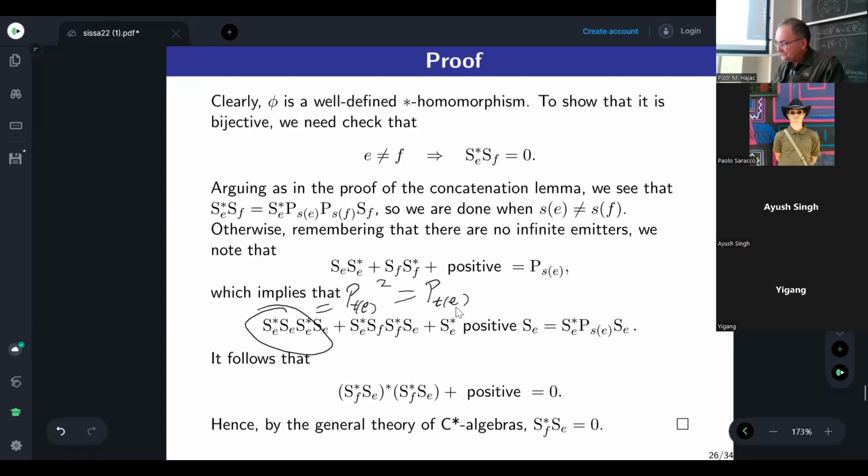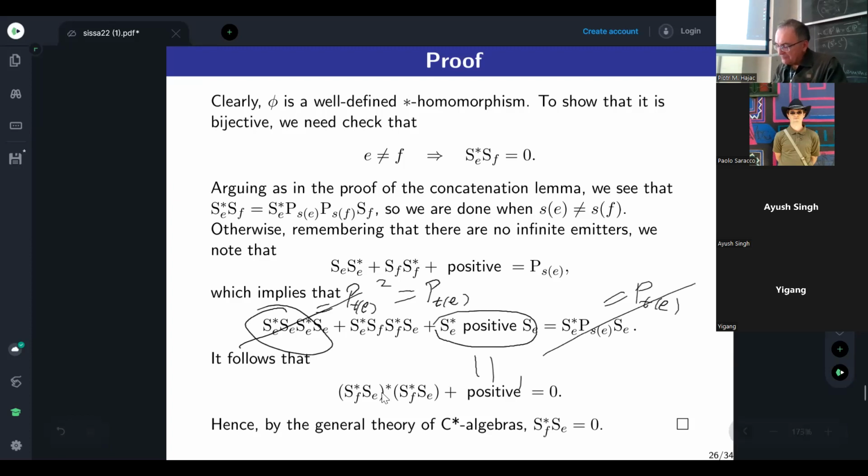Now, that's something again positive, remember, a general property. So that's positive prime, perhaps. This is my new positive. And now look, I still have this absorption property. So PSE SE is actually SE, and SE star SE is actually PTE. And guess what? I claim that these two terms simply cancel.